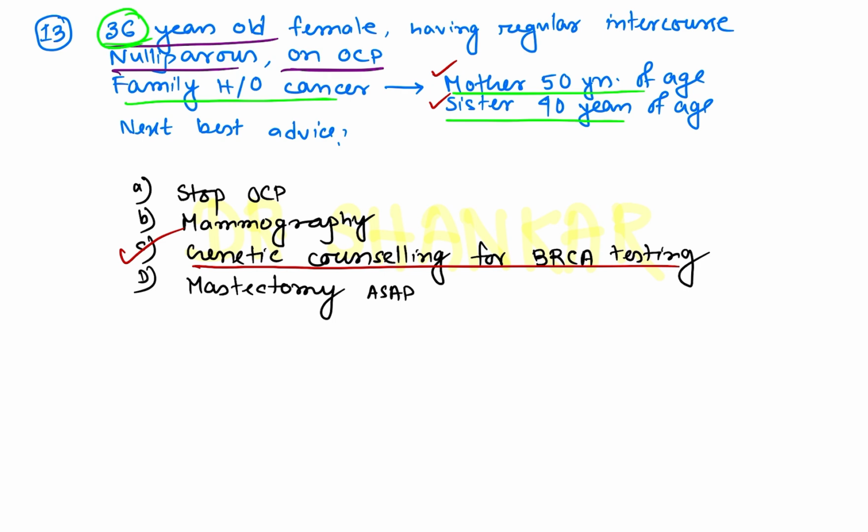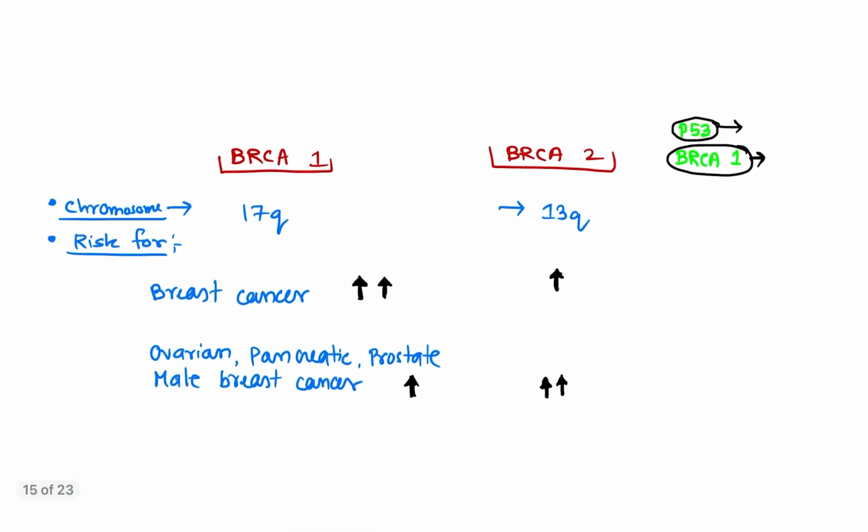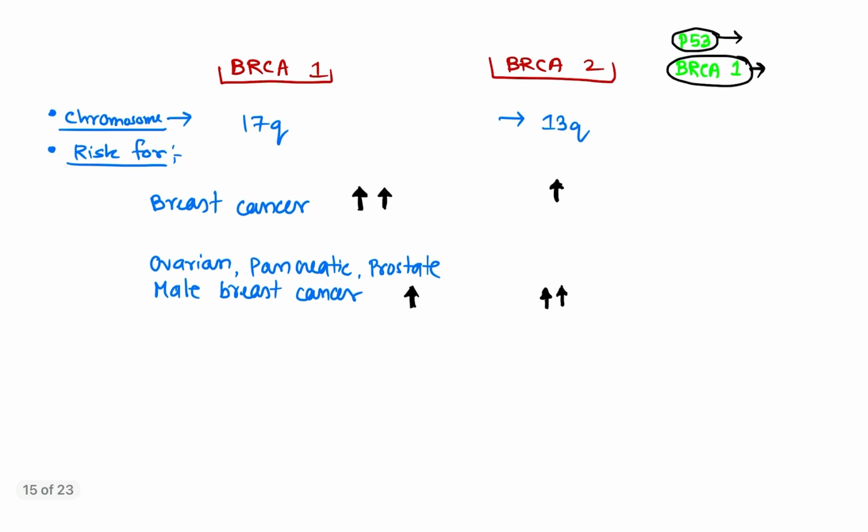So let's learn something about BRCA, a very important topic for the upcoming exam. So BRCA1 and BRCA2. Before going to BRCA1 and 2, two important points about mutation. Most common gene mutation in breast carcinoma is P53.